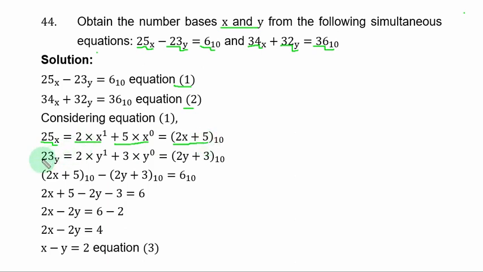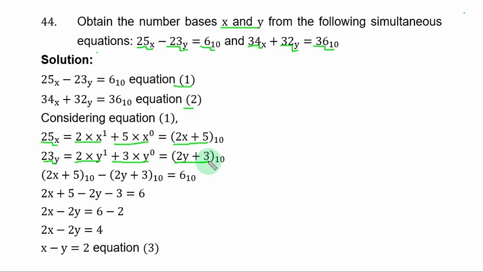The second term in equation 1 is 23 base y. So you have 2 times y power 1. The position value of 2 is 1, plus 3 times y power 0, and that is 2y plus 3 in base 10.